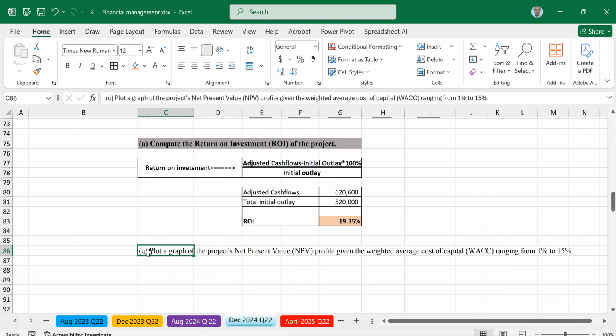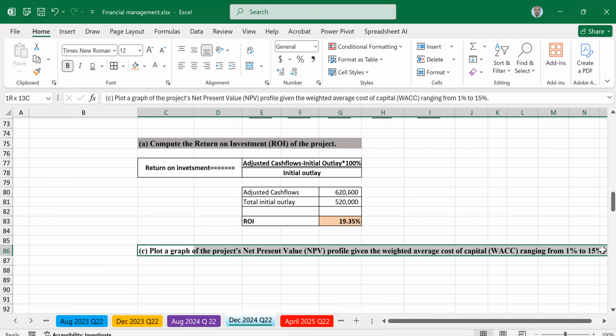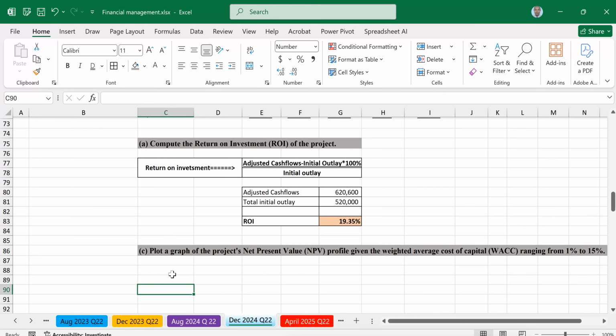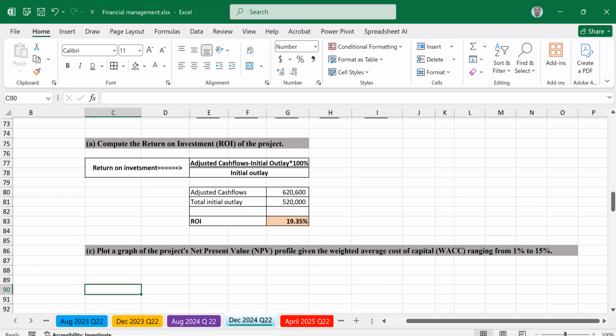Let us get this correct before we plot that graph. Project's NPV profile given the weighted average cost of 1% to 15%.